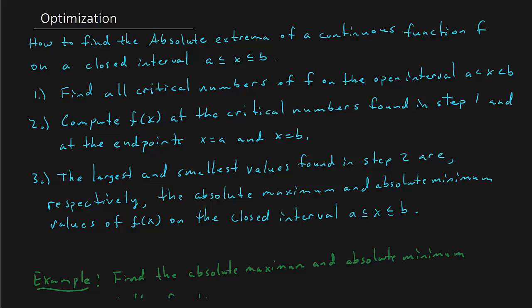And then the next section gets into more optimization problems. So I'm doing this in two videos because it's split up into two sections in the book. If you want to see all about optimization for business calculus, watch this video and watch the video after this one.